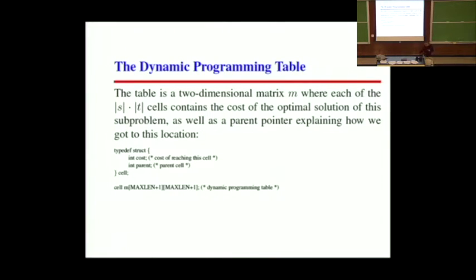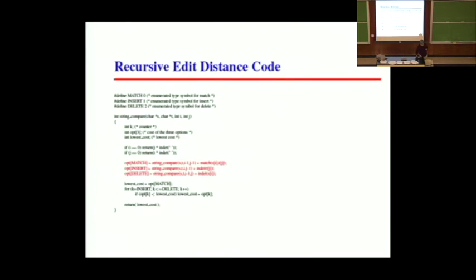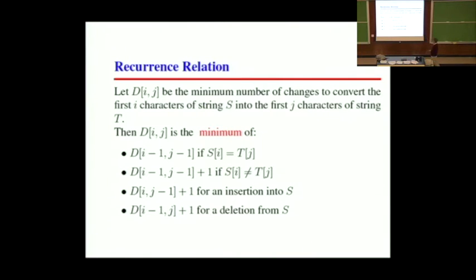If we go back to our recurrence, the minimum cost for editing from the first i characters to the first j characters comes from doing something for a last operation: either a substitute, an insert, or a delete. Does everybody see that?